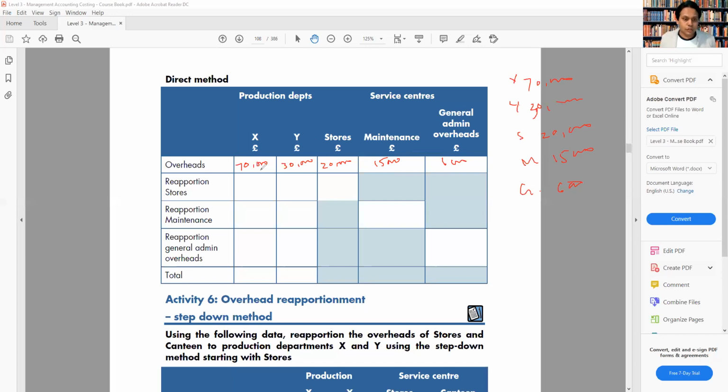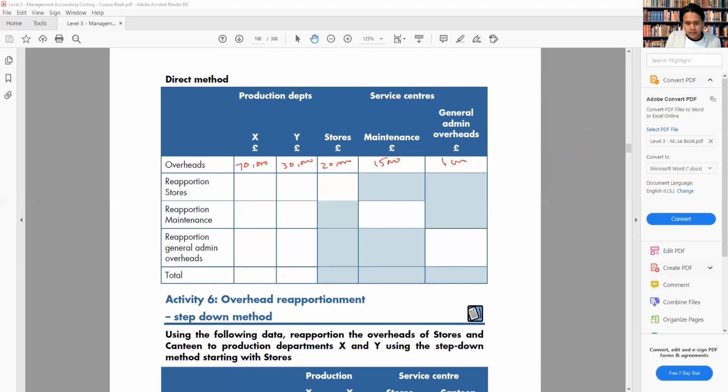Now we're going to reapportion the store. If you remember the store, this is 62% of the store. So 20,000. So let me write this off. You can write it down here.